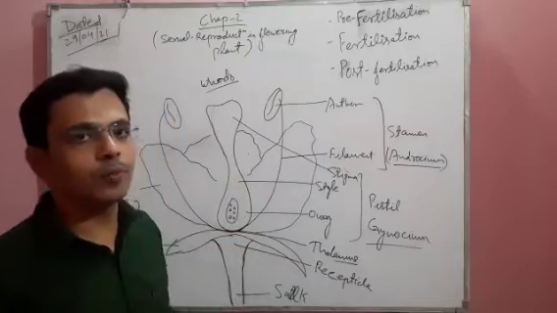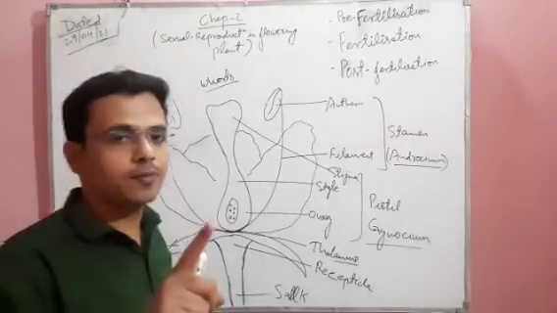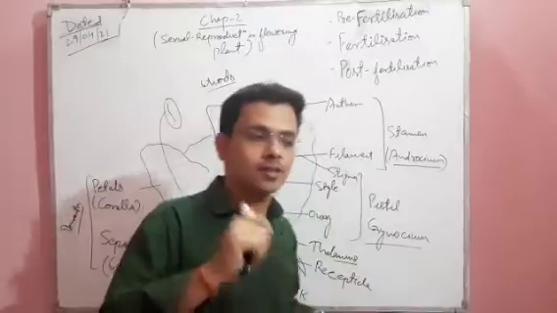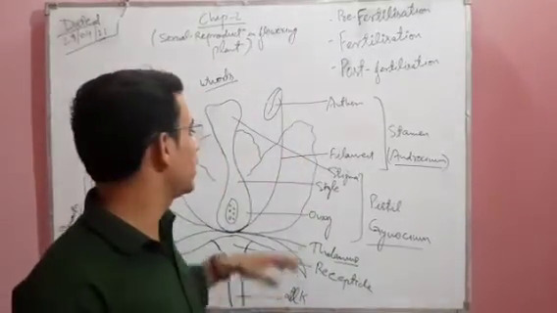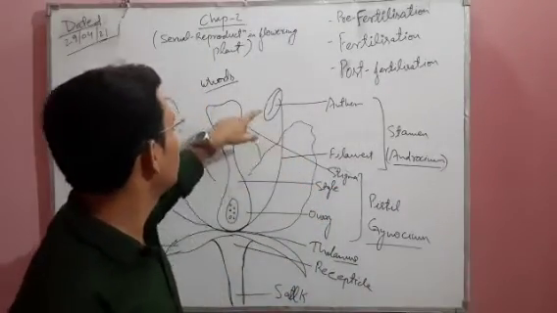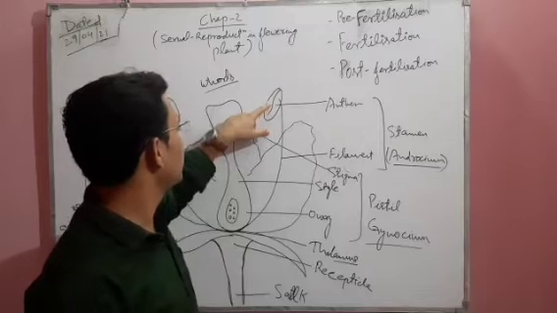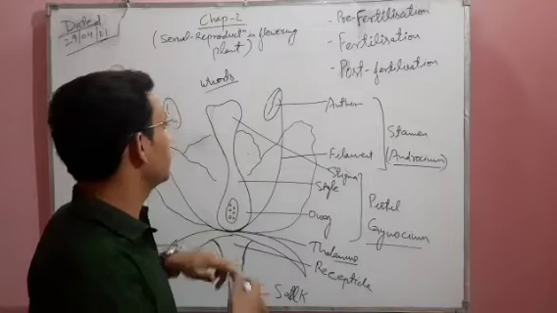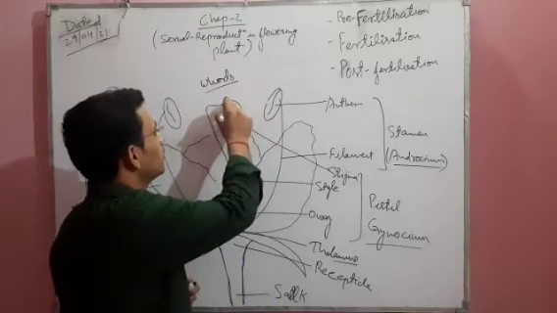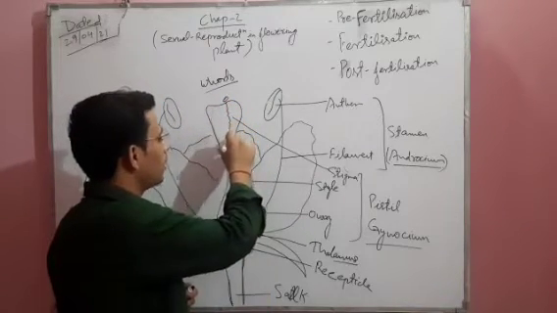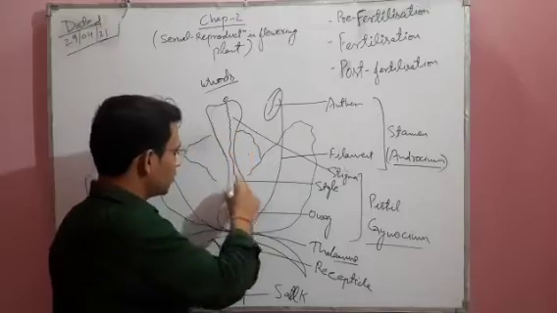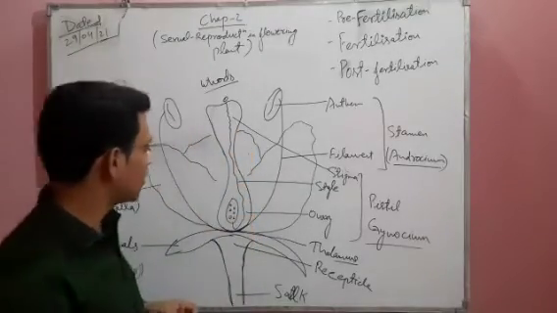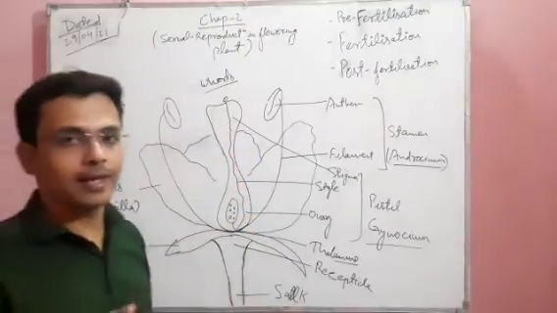The primary platform is provided by this stigma. When pollen grain matures and comes out from the anther, it lands on the stigma. Then the pollen tube germinates, travels this route and fertilizes the ovule egg cell.